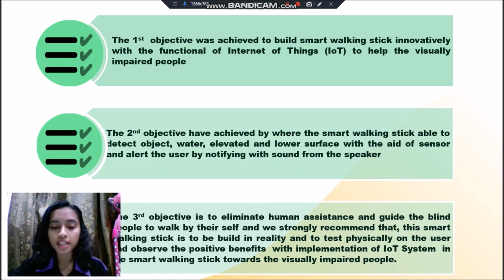Finally, we would like to conclude that this smart walking stick will be a very crucial tool to make impaired people's lives very easy and convenient.